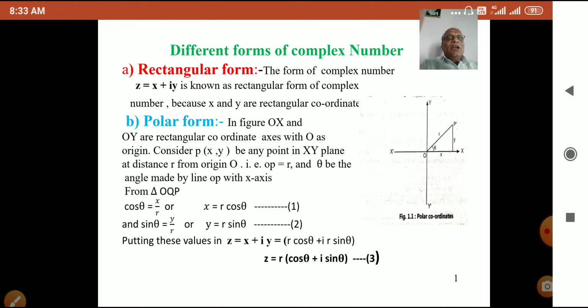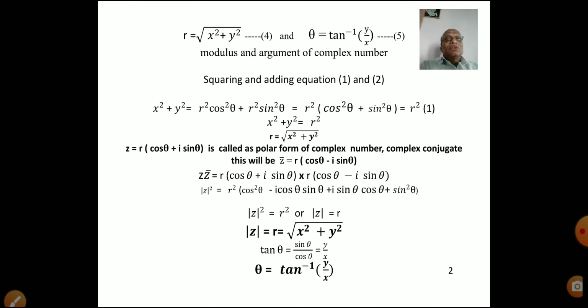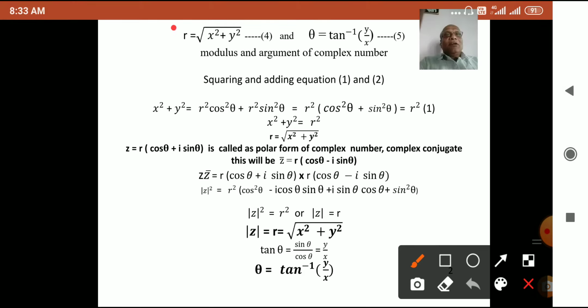So let us see how these are found. r is equal to the square root of x square plus y square, equation number 4, and theta equal to tan inverse of y divided by x, equation number 5. This means in equation number 3, r and theta can be found by using equations number 4 and 5, and these are known as the modulus and argument of the complex number.